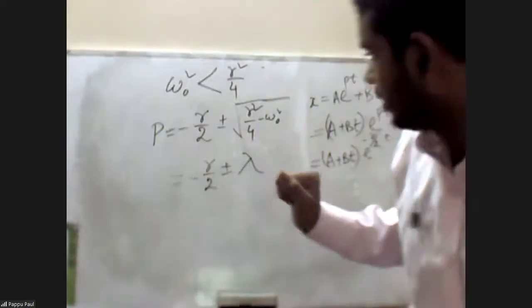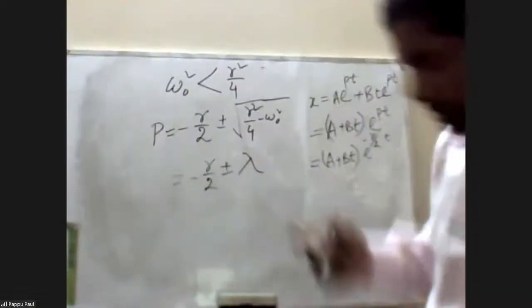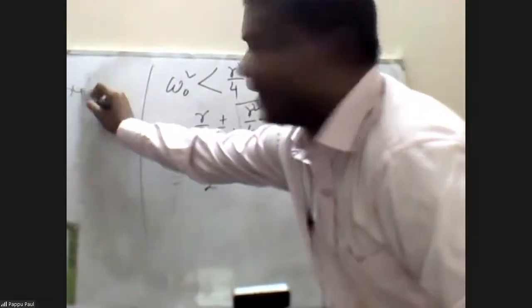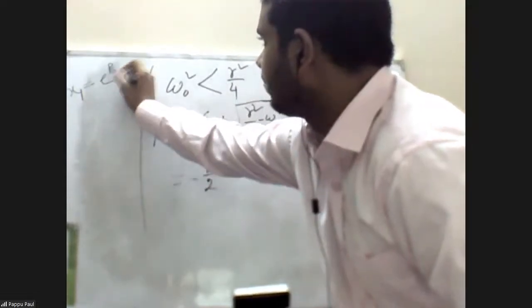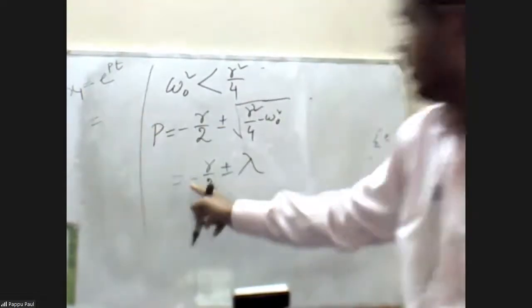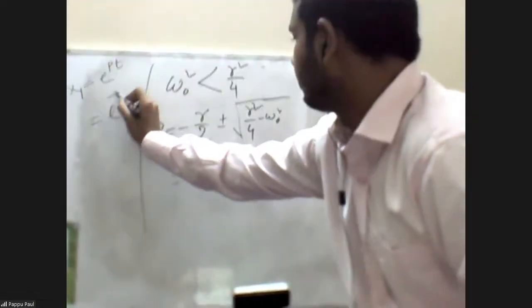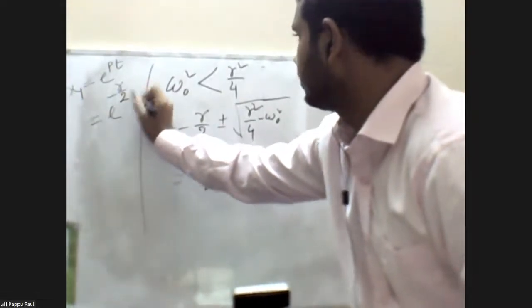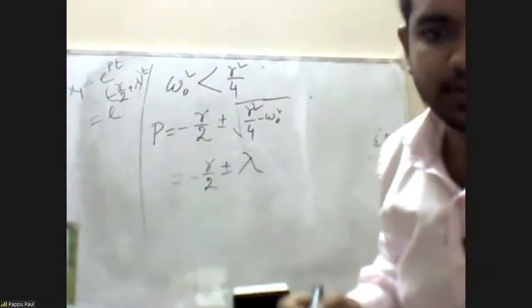Okay, so one of our solutions, that means x1, will be e to the power pt. So here one of the values of p is minus gamma by 2 plus lambda, so x1 is e to the power minus gamma by 2 plus lambda into t, right?